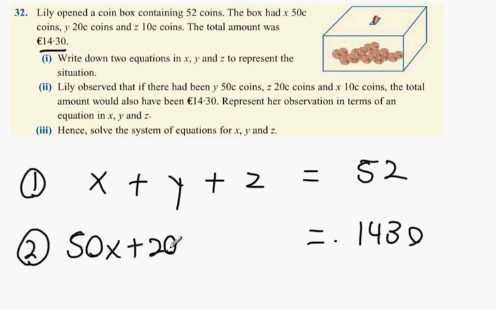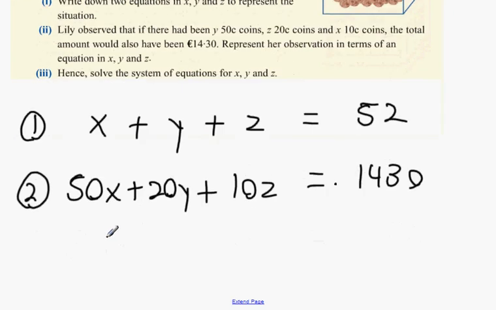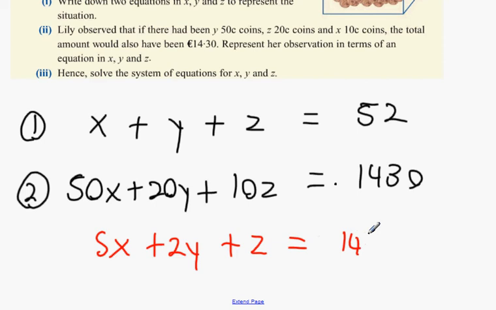The next one is 20y, 20 multiplied by how many 20-cent coins we actually have. And then finally 10z. I can refine this equation a bit more and divide across by 10. 5x plus 2y plus z equals 143.